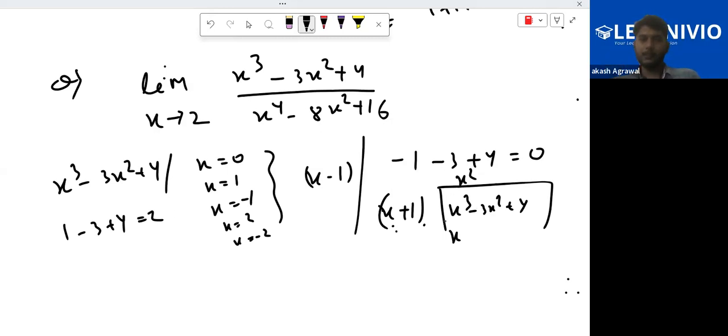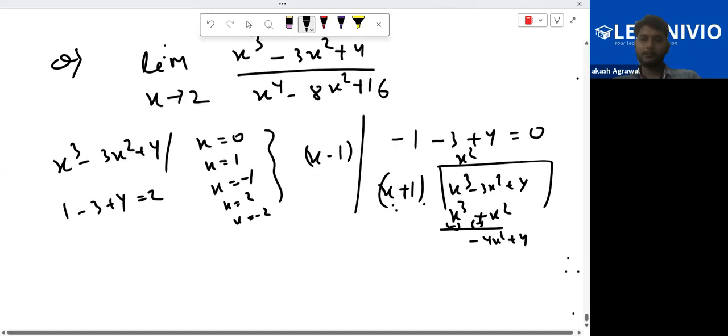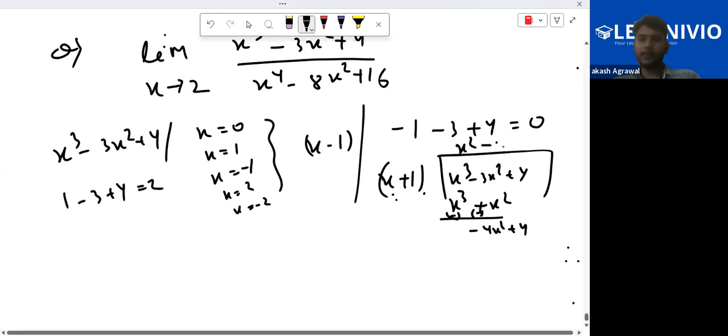Everyone knows. So x cube plus x square, and minus, so minus 4x square plus 4. So we'll multiply minus 4x. So minus 4x square minus 4x. So this is gone, plus 4x plus 4. So we'll multiply plus 4 and we get 0.